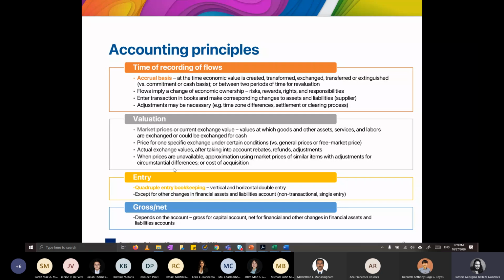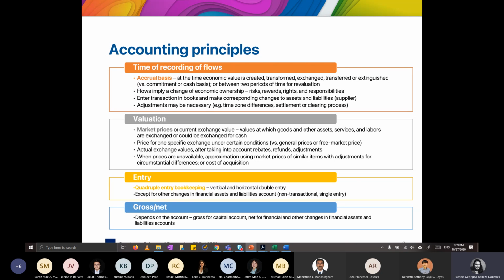When prices are unavailable, we typically approximate using market prices of similar items with adjustments for circumstantial differences, or if the time between the acquisition and the disposal of a certain asset is small, we can use the cost of acquisition.